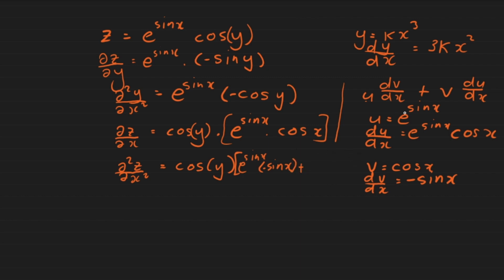then we would add to this v. v is cos x, and du dx is e to the power sin x cos x. We're multiplying v by du dx. We see that there's a cos x here, and we're multiplying it by the cos x here. So this cos times this cos is going to give us cos squared. So we're going to be left with e to the power sin x multiplied by cos squared x.